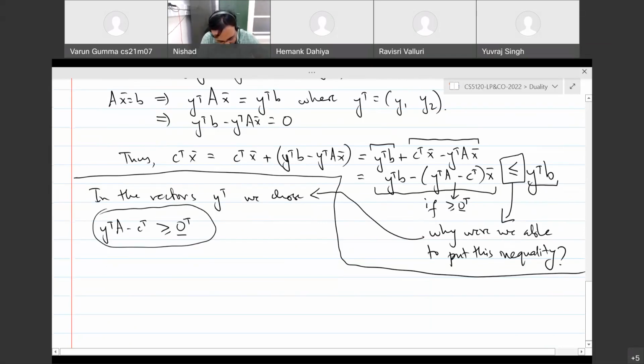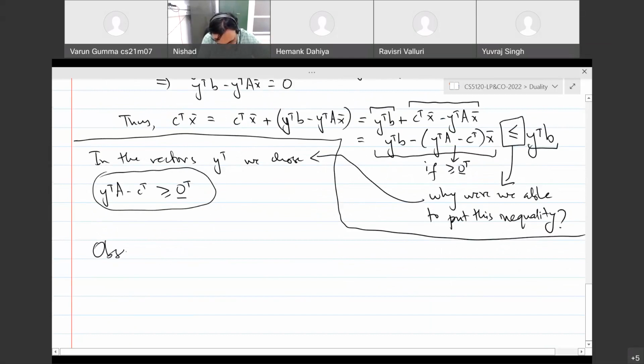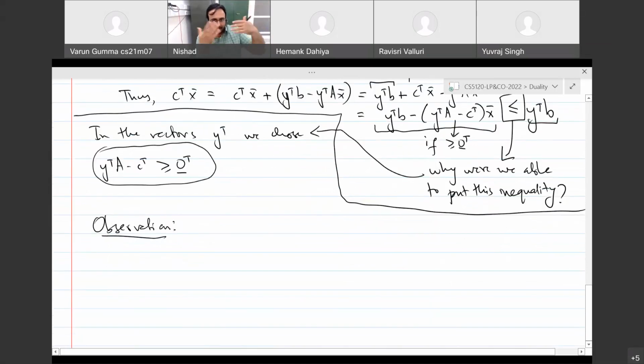So the observation that we have made, and we have essentially proved it at this point, you just need to go back and write it down as a proper proof. My intent was to show you the thought process rather than writing down a formal proof, which you should be able to do on your own going through these notes.